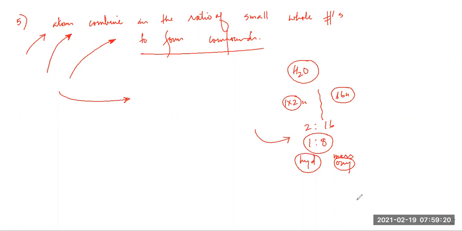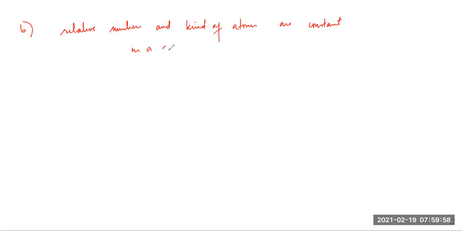Okay, students. So the last point, the sixth postulate of Dalton, is about relative numbers. Please write down: relative numbers and kind of atoms are constant in a given compound.